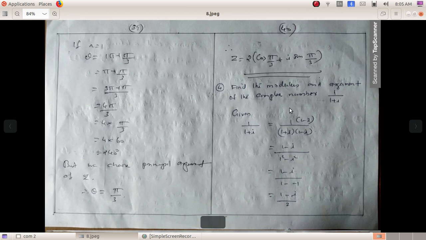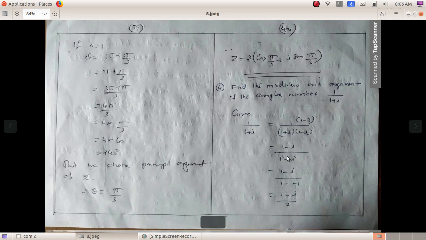Similarly for this question, find the modulus and argument of the complex number 1 by 1 plus i. So this is not in the standard form, so we are converting this complex number into standard form by taking its conjugate, then multiplying both the numerator and the denominator.